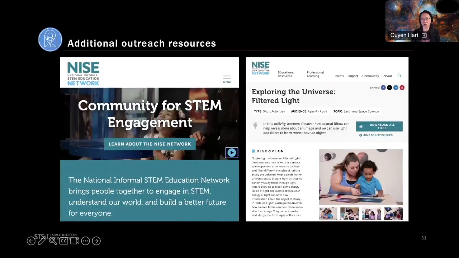There's also other resources through NASA-funded programs like NISEnet, and they have lots of different hands-on activities that might fit your needs, might be a good foundation for the astronomy topic so that then you can delve into the JWST piece. For example, there's this nice activity called Exploring Light, Filtered Light.